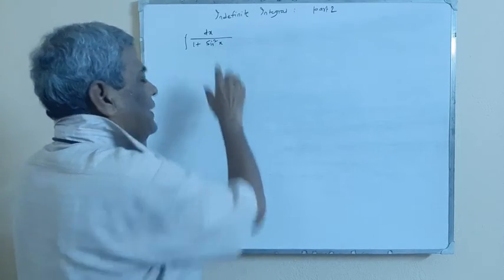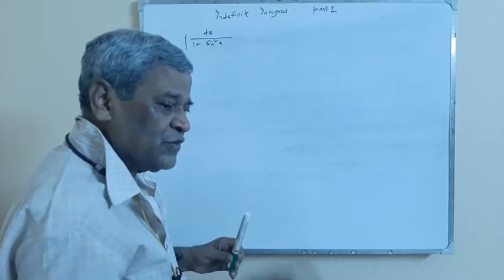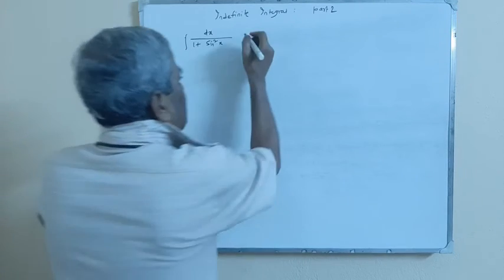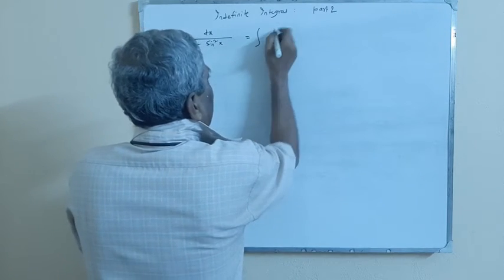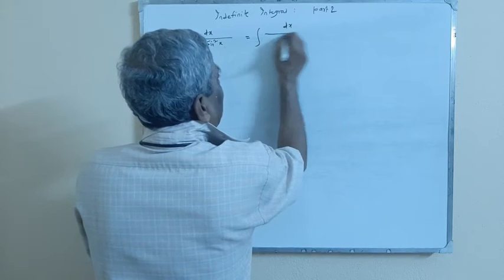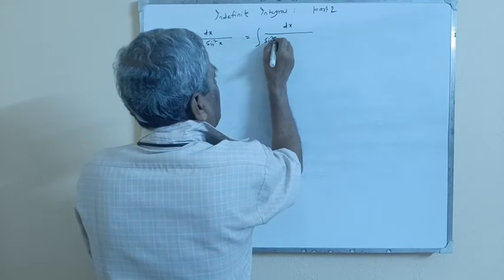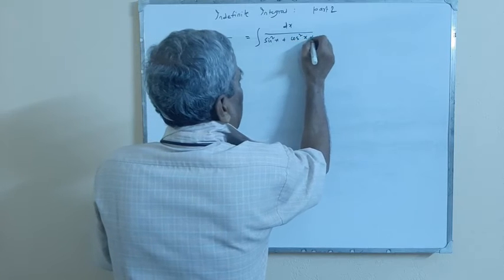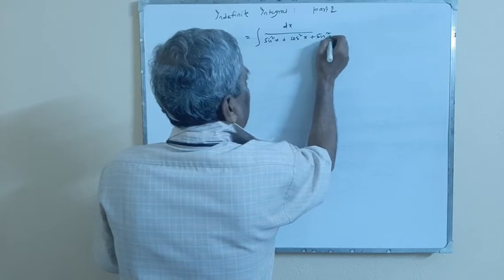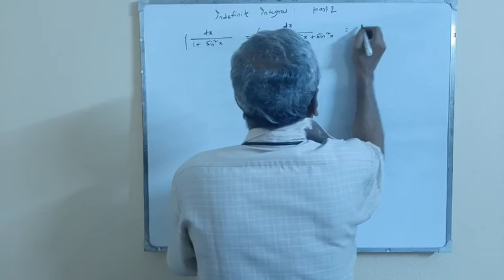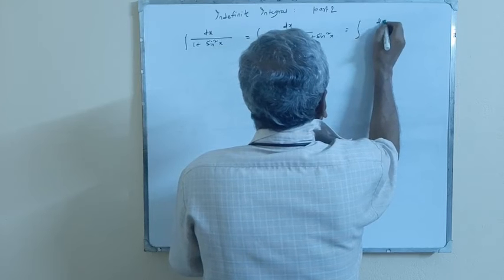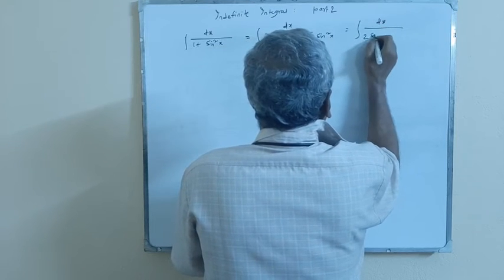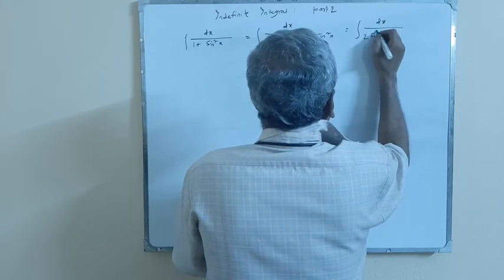So together they are homogeneous quadratic in sin x and cos x: sin square x plus cos square x plus sin square x. That is, it is equal to dx by 2 sin square x plus cos square x.